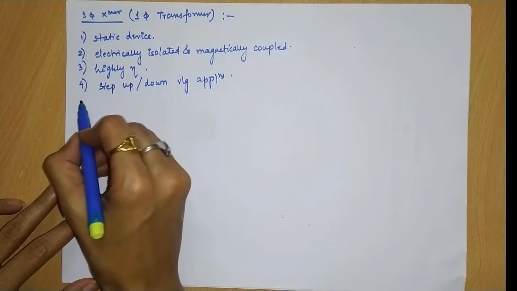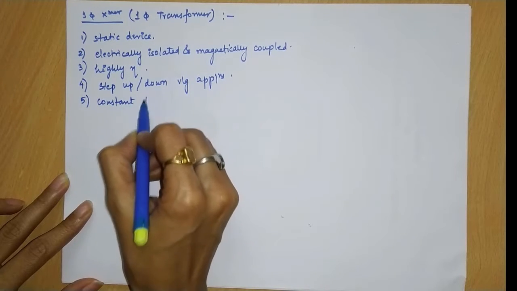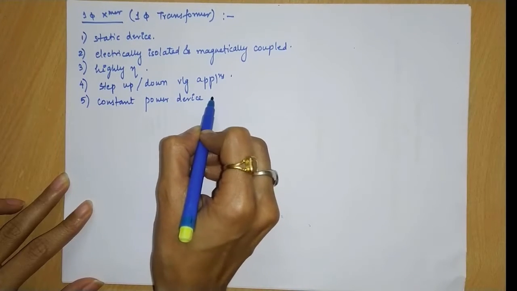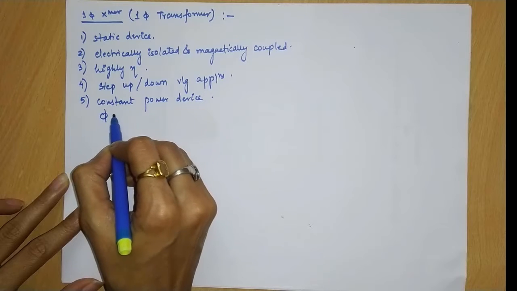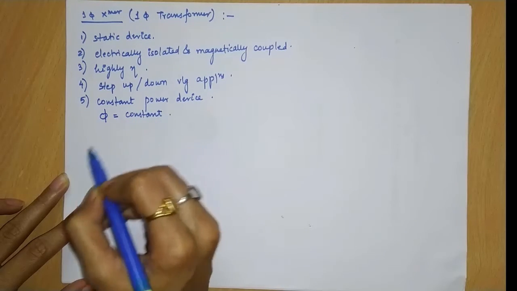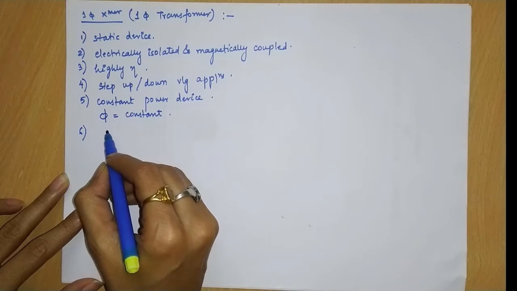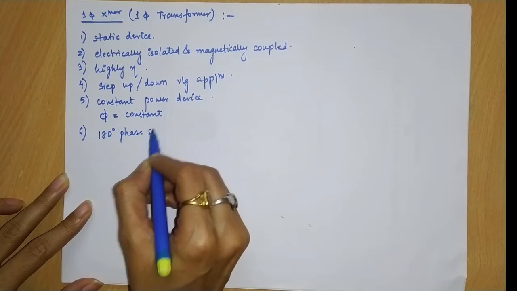Transformer is a constant power device. Also, the resultant flux in the magnetic circuit remains constant from no load to full load. Next is transformer offers 180-degree phase shift between the input and the output.